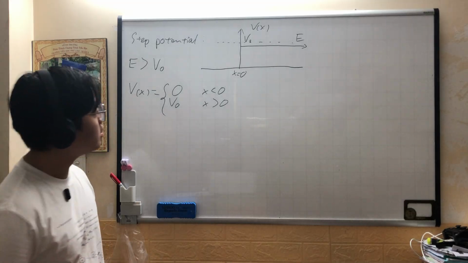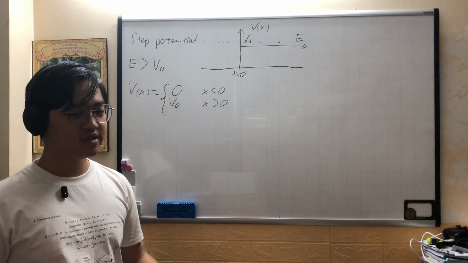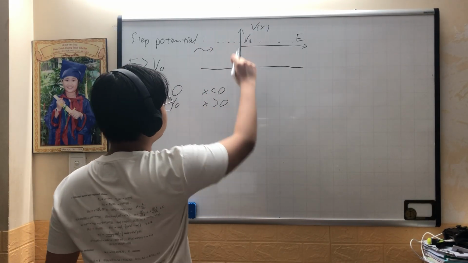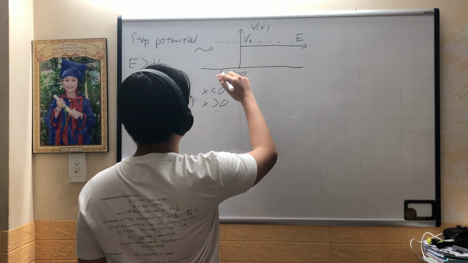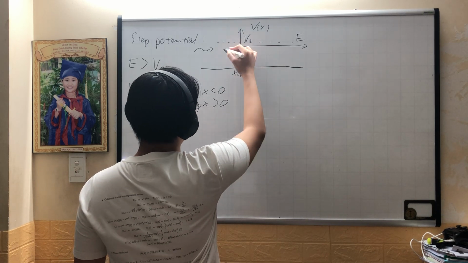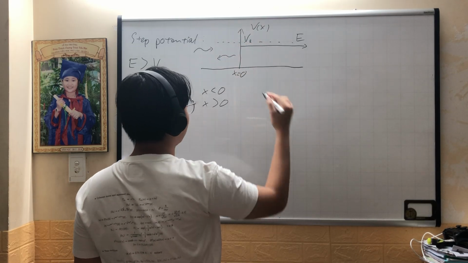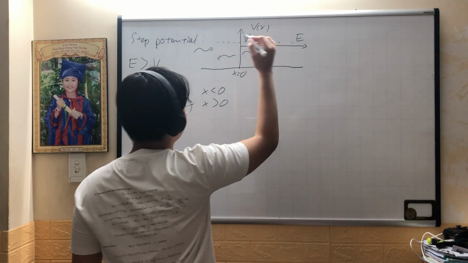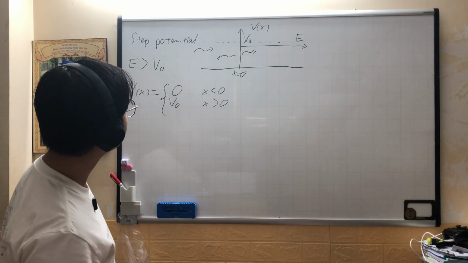When you send in a wave function, it's gonna reach this point x equals 0, and classically it would bounce back. But this is the quantum world, so there would be some that leak through, and that is called quantum tunneling.